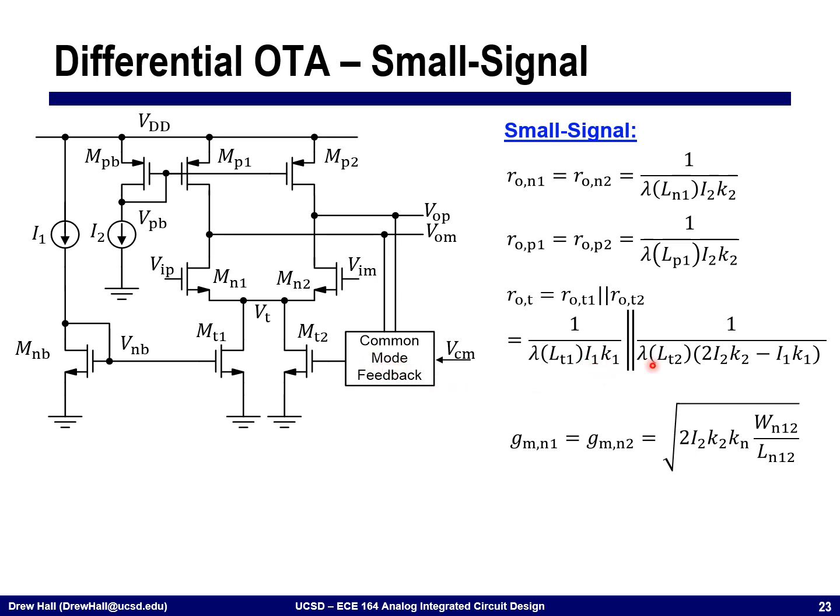And so I've written this out here where we're giving some amount of current to the common mode feedback that is the difference between these two currents. And so if you kind of work out the KCL, you'll see that this current should be 2I2 K2 minus I1 K1. And then lastly, we're calculating the transconductance of the input pair.